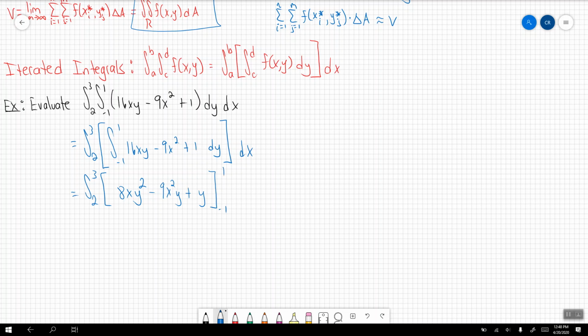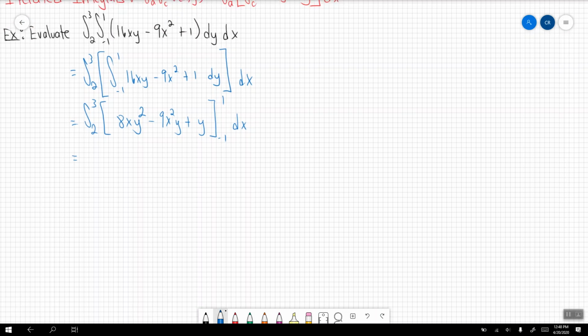And then we evaluate this from -1 to 1. And again, we're only evaluating the y components. We're not evaluating anything else at this time. So we're going to go through and evaluate that function with respect to 1 and -1.